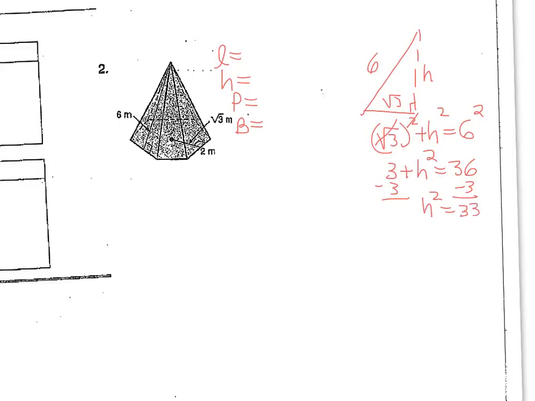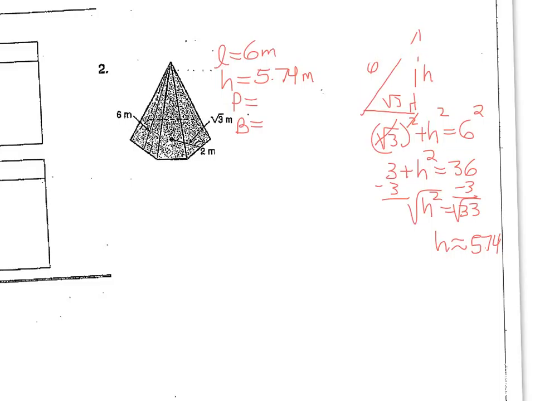When you take the square root of that, it gives you approximately 5.74, right? Okay, so the height is 5.74 meters.